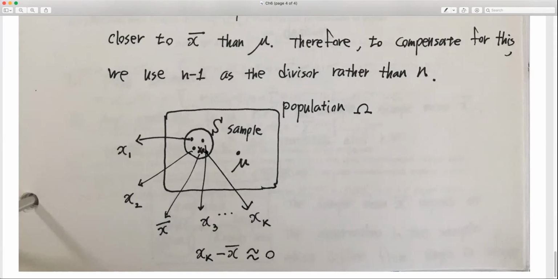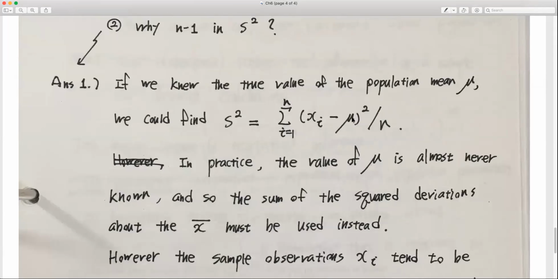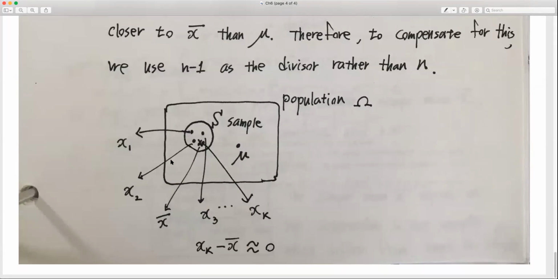Now instead of mu, we want to use x bar. But look at this. Since x bar is calculated by the sum of all the observation sample data divided by n, then definitely one of the sample data points is really close to x bar, so that xi minus x bar is almost 0, so that we can ignore it. Okay, that's why.